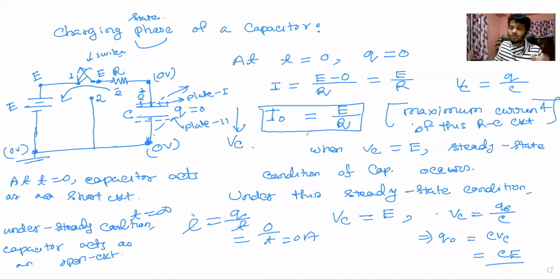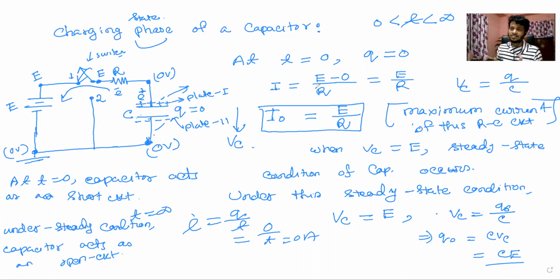At time t equals 0, we call it the initial state. At time t equals infinity, that means after a long time, we call it the steady state condition. But what would happen when t is greater than 0 and less than infinity? We have to analyze that.